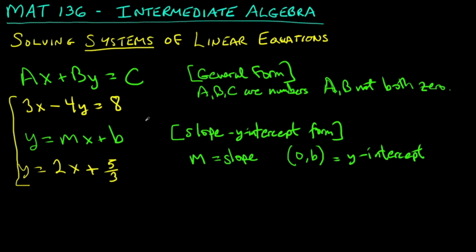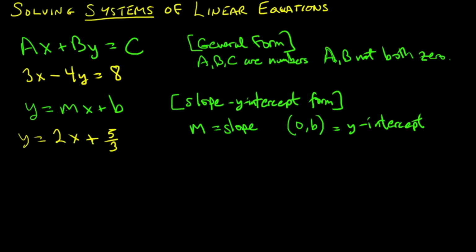Of course, you can have a system of 3 or 4 or 5 linear equations and so on, but we're going to concentrate on just 2 at a time. So our systems are going to be 2 equations in 2 variables, x and y.